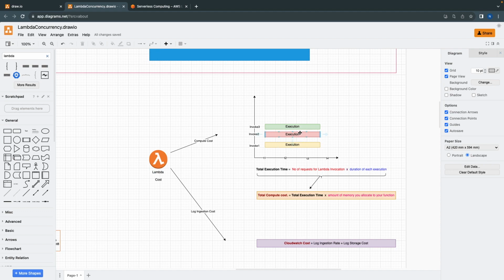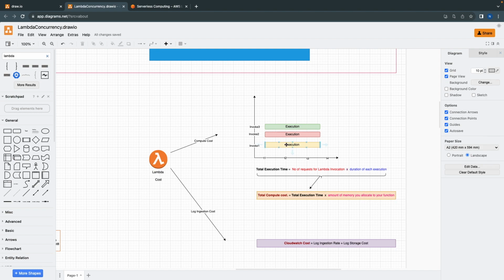So what happens if there is a sudden spike of execution in your lower environment, which is unintentional, that you don't want, you don't want to have a scale.